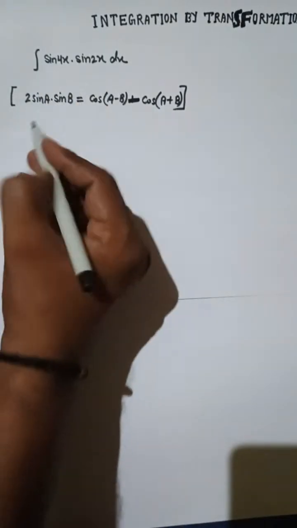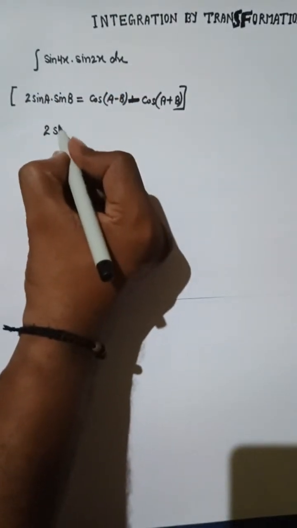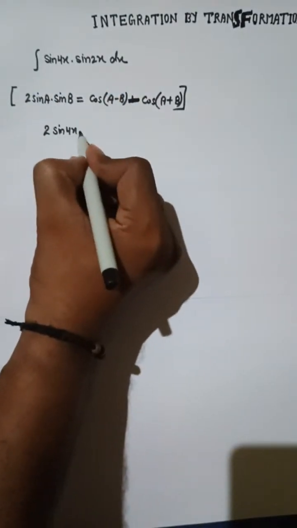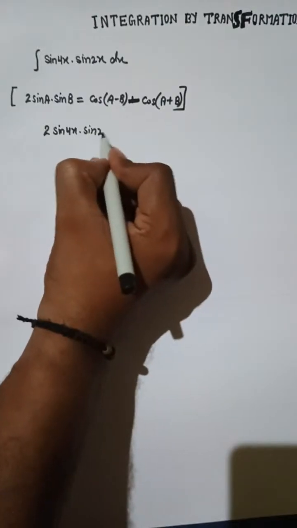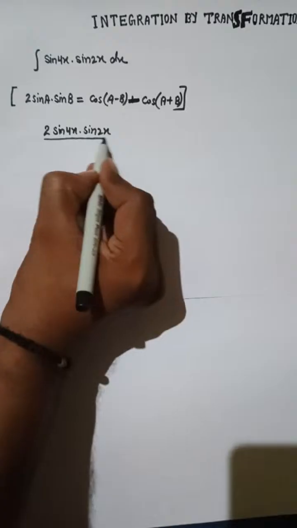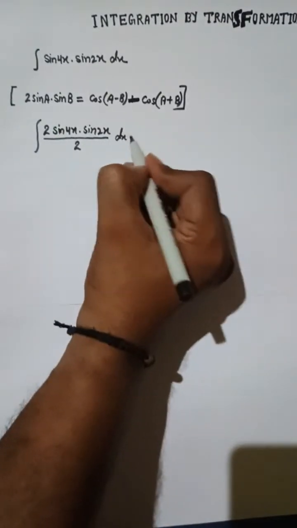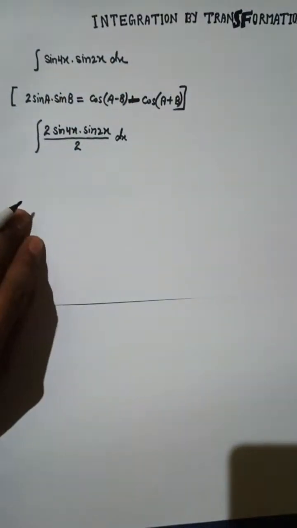So I'm going to multiply this 2 sine 4x into sine 2x, and then I'm dividing it by 2 so that we don't have any change in our integration problem.